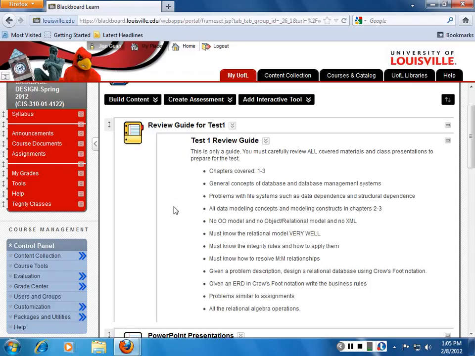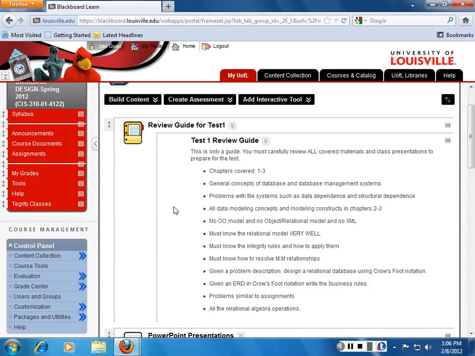Okay. So I posted the review guide, and please look at the first sentence and make sure that you understand it. This is only a guide. You must carefully review all the materials that I have covered in the class, and the topics that I've covered in class are really important topics.